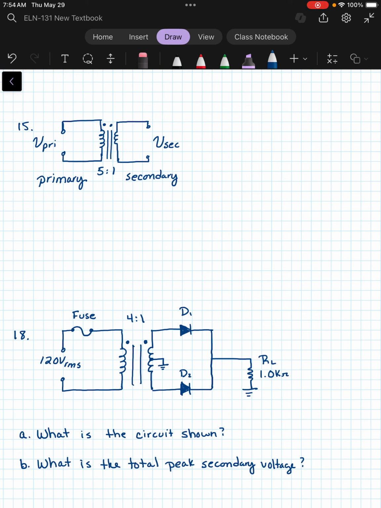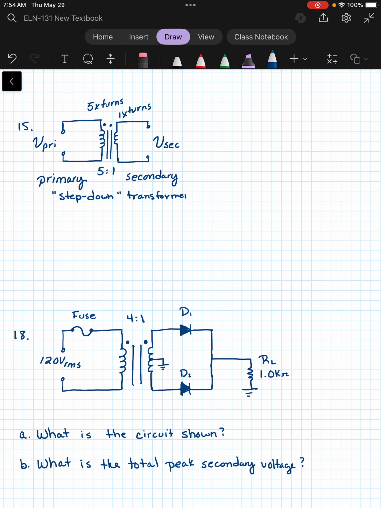That means we have 5 times the number of turns on the primary side as we do on the secondary. Let me write turns here as well. Okay, so for every 5 turns on the primary side, we only have 1 turn on the secondary side. That is what we call a step-down transformer.